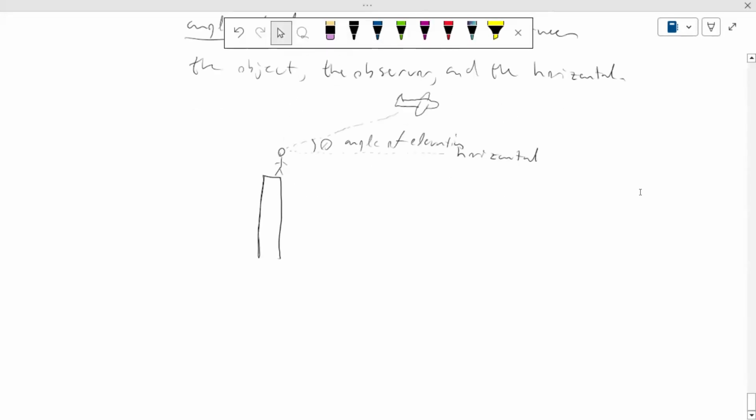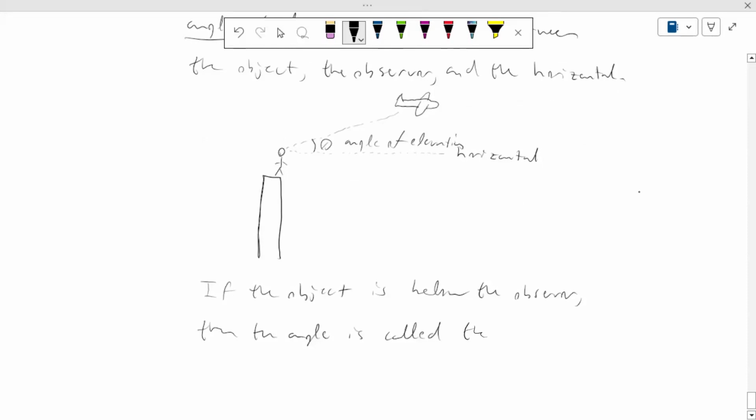So now, what if the object is below the observer, right? If the object is below the observer, then the angle is called the angle of depression. Okay. So let's say we have a car down here, right? So maybe this is street level, right?